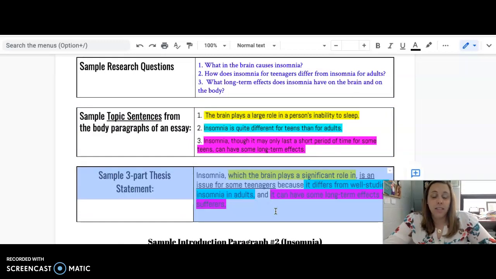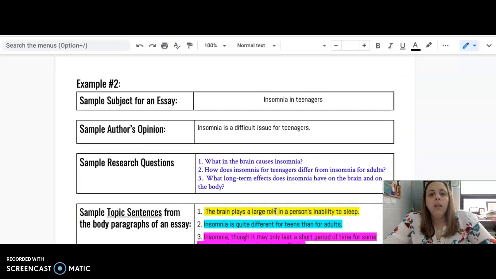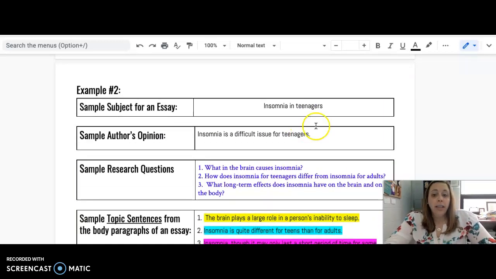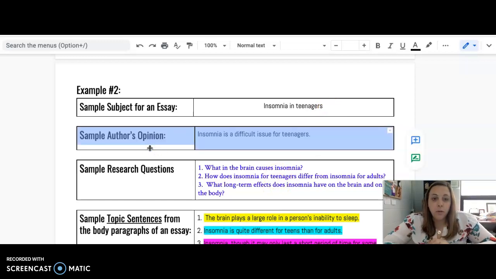In order to even get to any of the rest of it, I'm going to start with these three things. When we are looking at our topic, what I want you to be able to do is formulate an opinion. Now, this is really tricky because I told you before that this is an informative paper. This is not an argumentative paper.